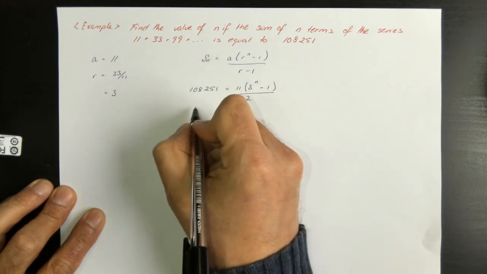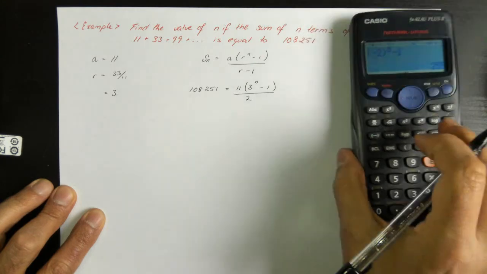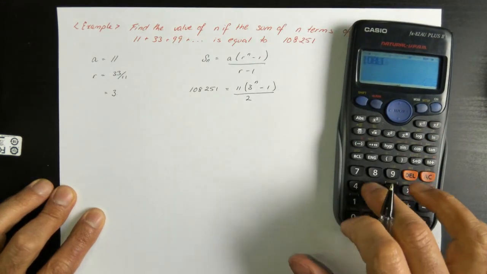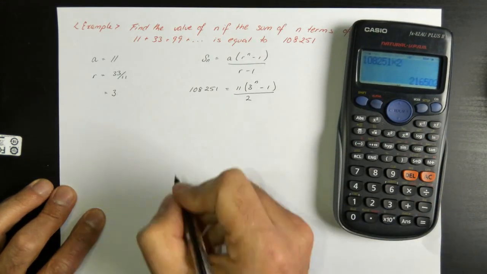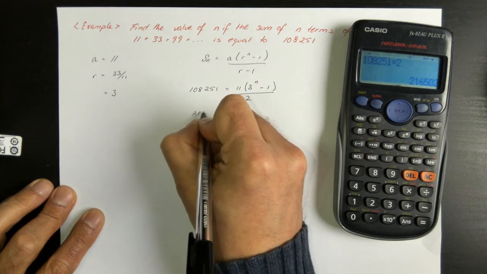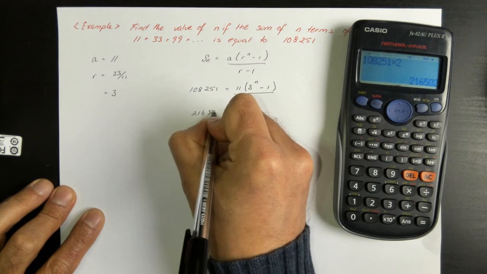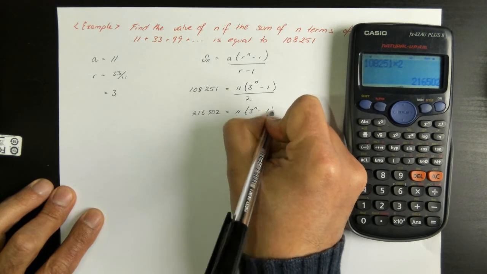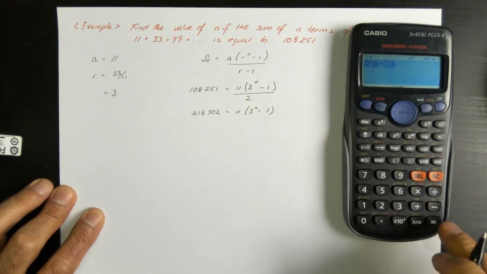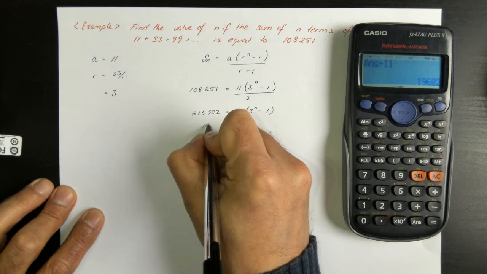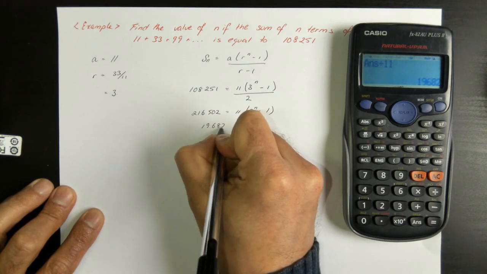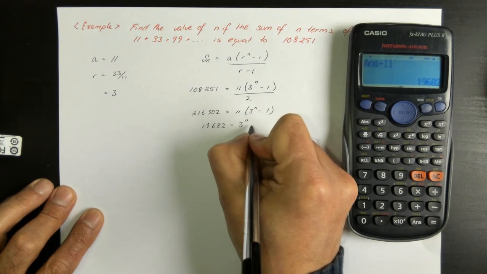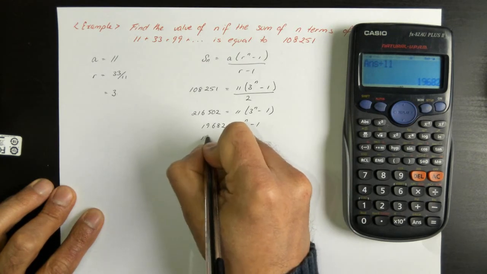So I'm going to double that: 216,502, divide by 11. Going to add 1.